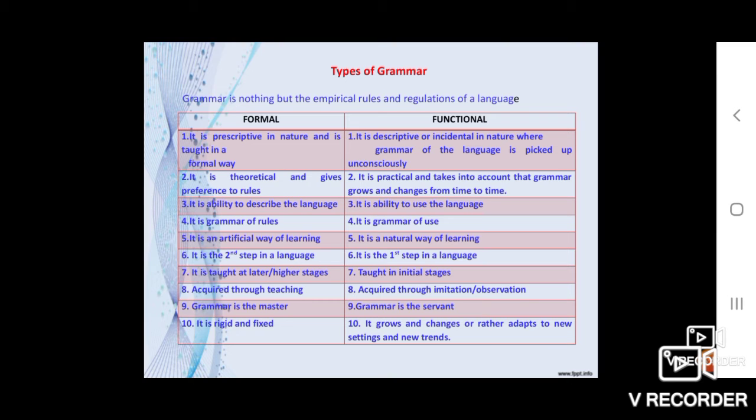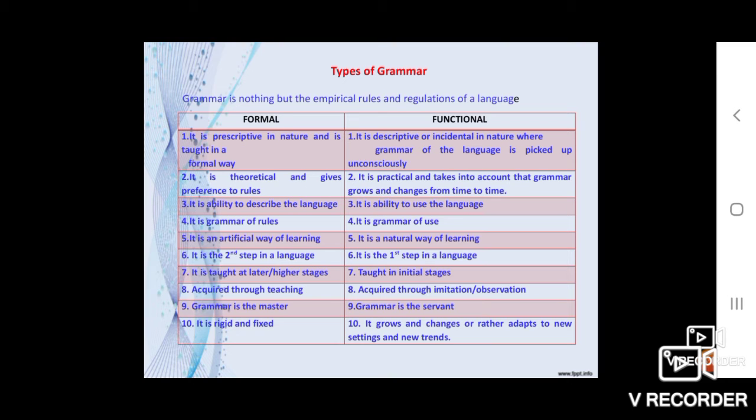Whereas point 3 tells about functional grammar, it is the ability to use the language. Sometimes it happens that we are good at the English language, we are good at writing skill, but sometimes we come across the difficulty that we are not good at using the English language perfectly with the current situation.